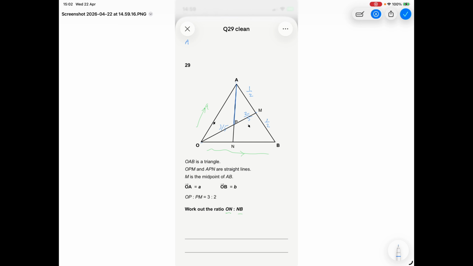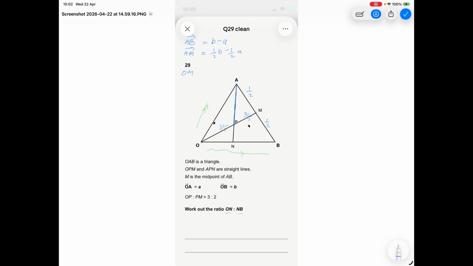So AB is going to equal minus a plus b, so that would be b minus a. AM, if you write all these down, it kind of helps, equals half of that, so it'd be half b minus half a. And then OM, let's have a little go at that.